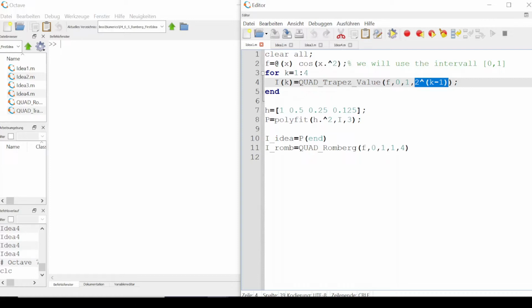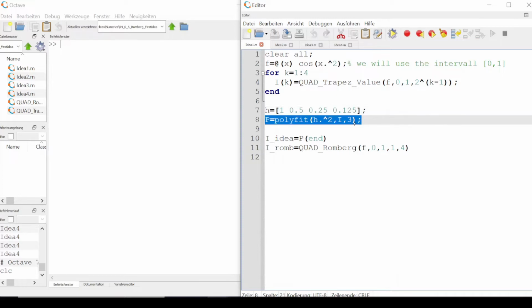It's not important that we start with 1 part. We can also start with 3 parts, but then the next step is 6 parts, 12 parts, and 24 parts. So always double. And then here we have these h's. We have now 4 values, and these belong to h to be 1, a half, a quarter, and 1 divided by 8.